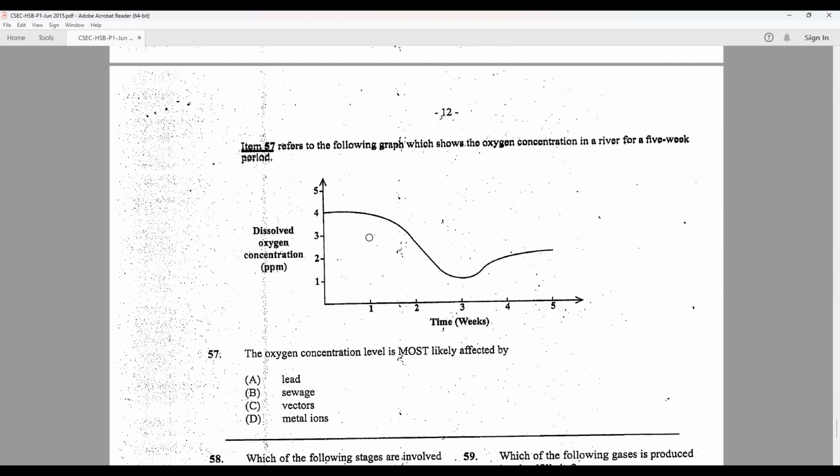57, we're in the last few questions, which means we are down in section E, and they give us a graph which shows the oxygen concentration in a river for 5 weeks, week 1, 2, 3, 4, and 5. We see the graph take a dip around week 2, and then it starts to come back up a little after week 3. The oxygen concentration level is most likely affected by what?